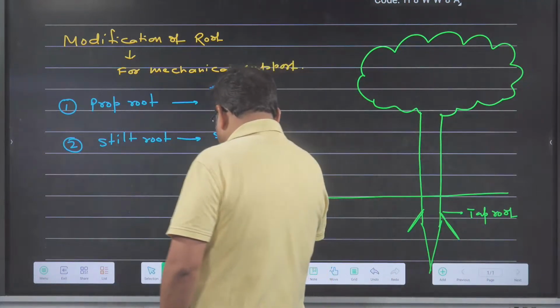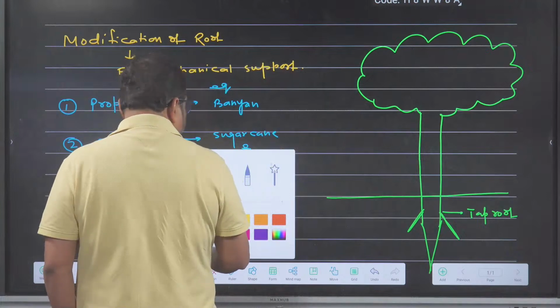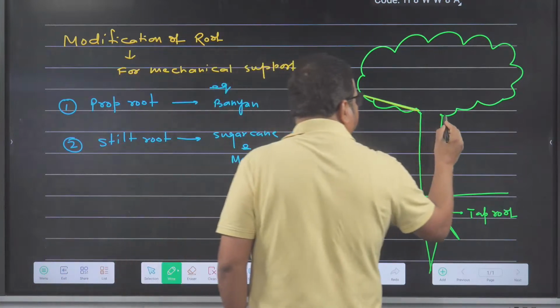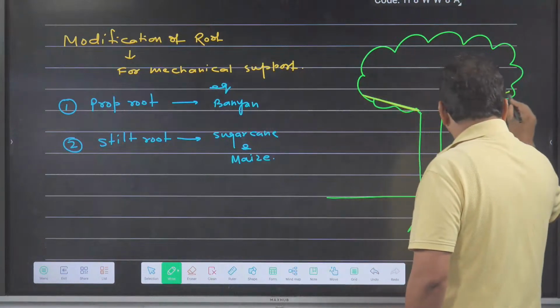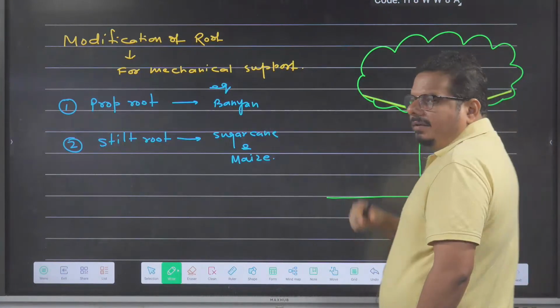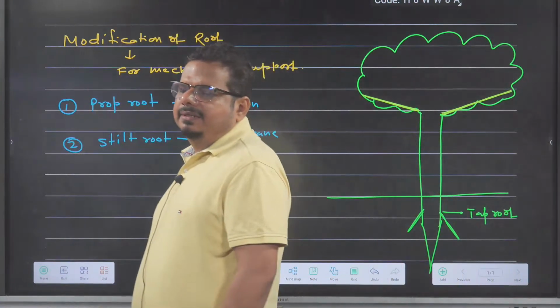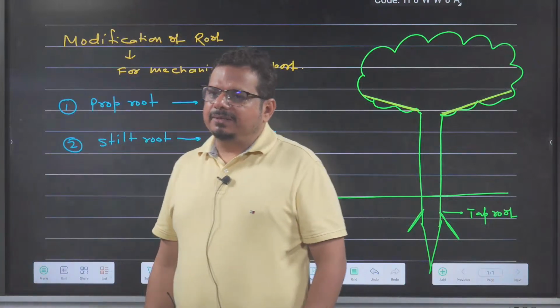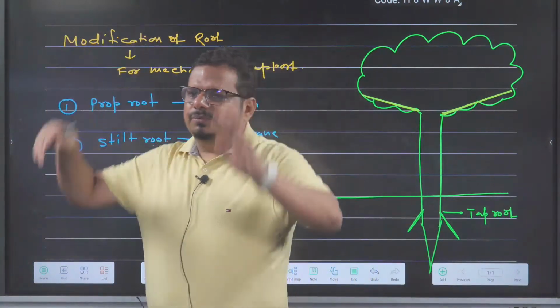Now what happened in banyan tree? This is the branches. Huge, big branches are there in the banyan tree. Two big, longer branches. And in branches, sub-branches are there and leaves are there. So they have a very high burden or weight.